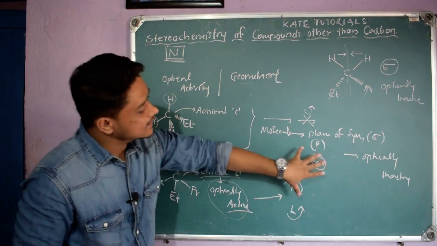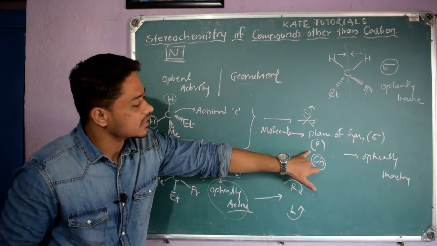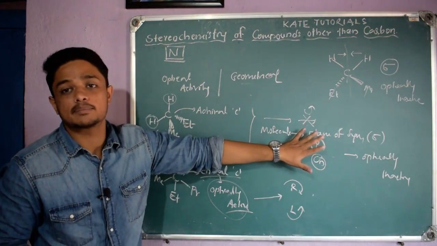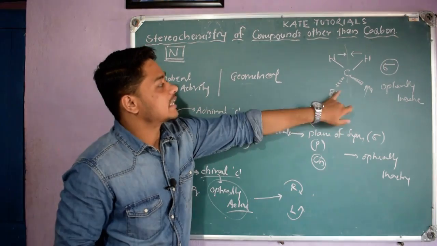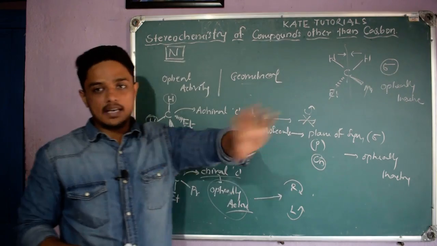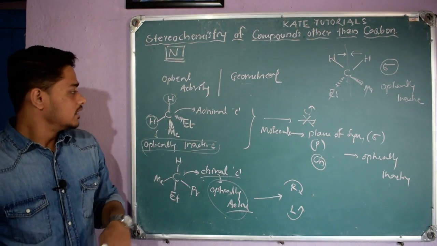The molecule which has these symmetry elements, either plane of symmetry, center of symmetry or axis of symmetry, if any of the symmetry elements is present in the molecule, that molecule will be optically inactive. For example, this molecule has a plane of symmetry, so it is optically inactive, right? So this thing you can conclude, right?